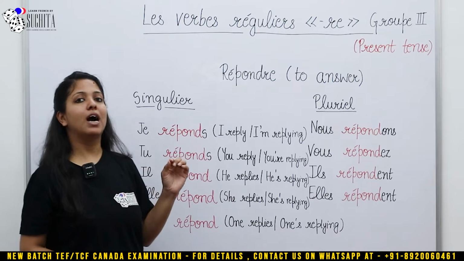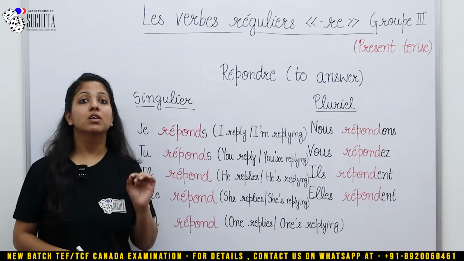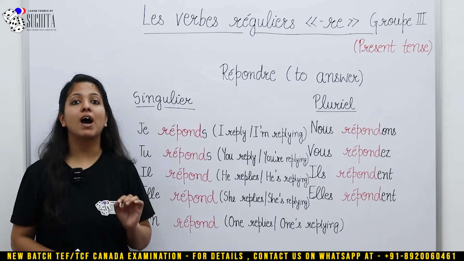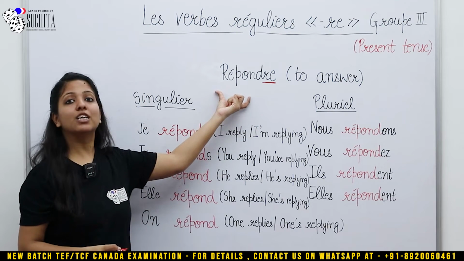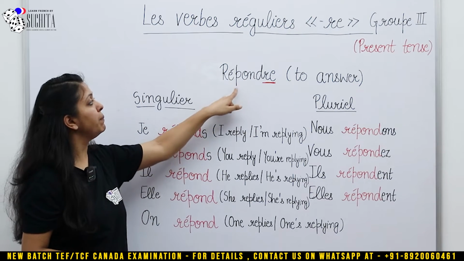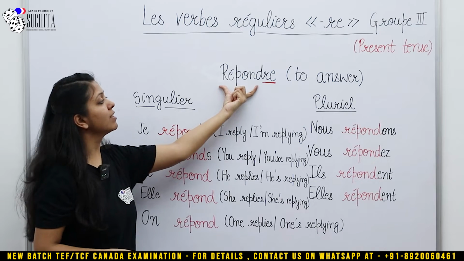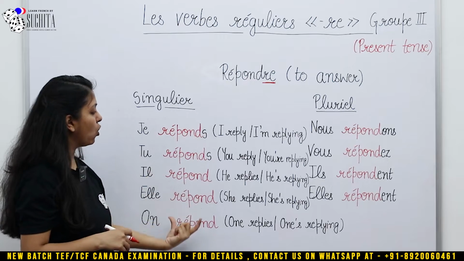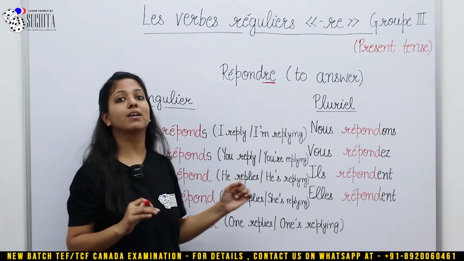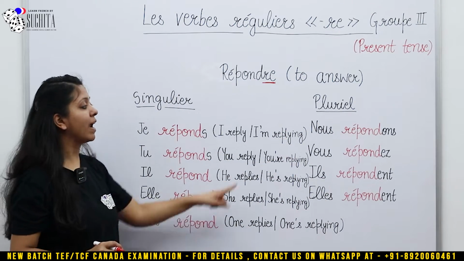Now what is the method? How do you conjugate the RE verbs? The method is you need to remove RE. If you remove this RE, the radical that you will have is REPOND. Put the radical in all the cases. You can see with the red marker, I have written the radical.